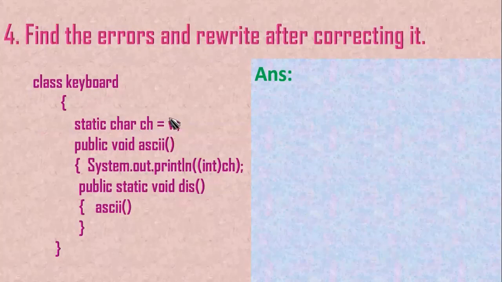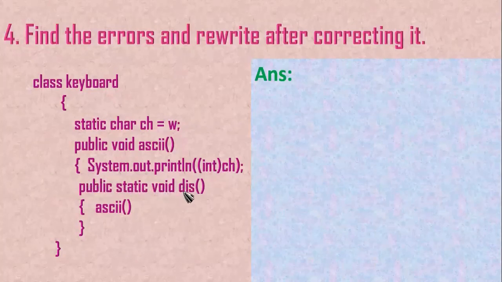So we cannot initialize a character variable without single quotation. So there should be a single quotation. Public void ICSE of. So here we can't find any mistake. And then system.out.println of ch, here ch has been converted into integer type explicitly. Here there is no mistake.